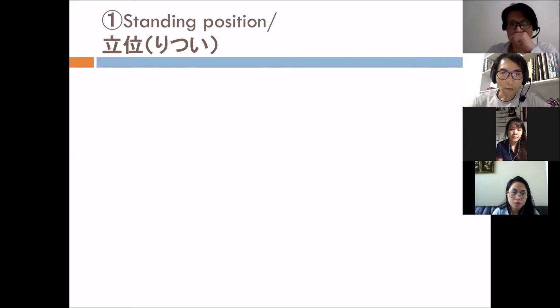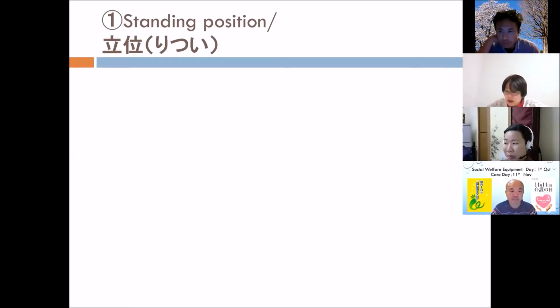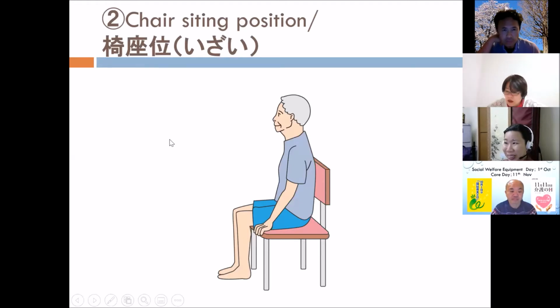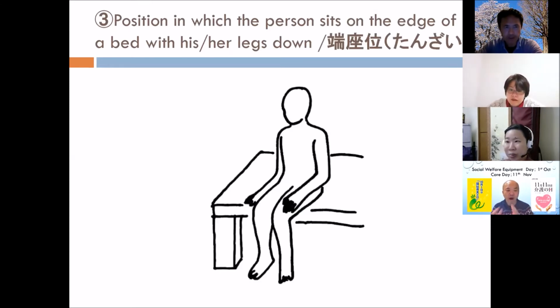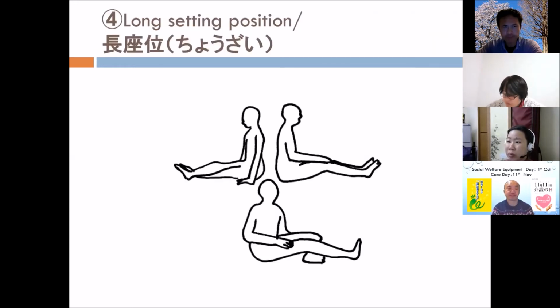Kano-san corrected me earlier, it's not what I wrote, this is a mistake. Chair sitting position. When you transfer a user from the bed to a wheelchair, the user should be in this position. Long sitting position.